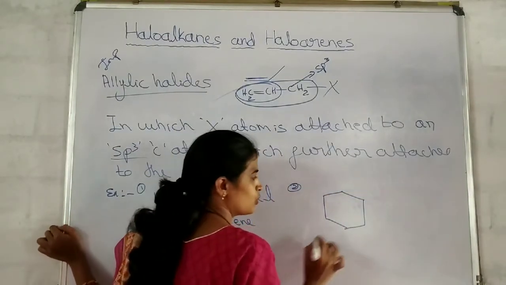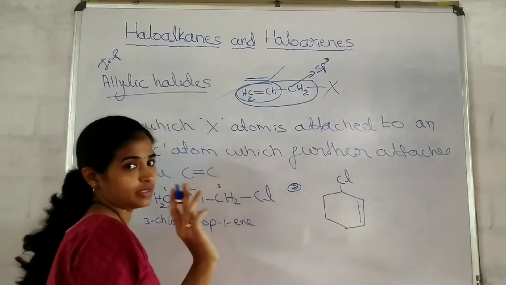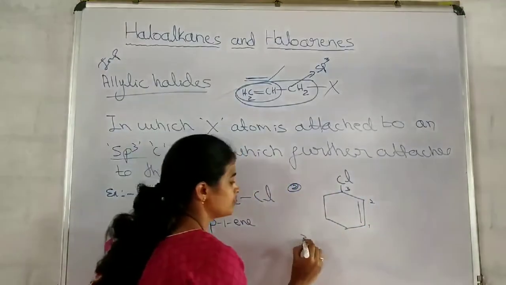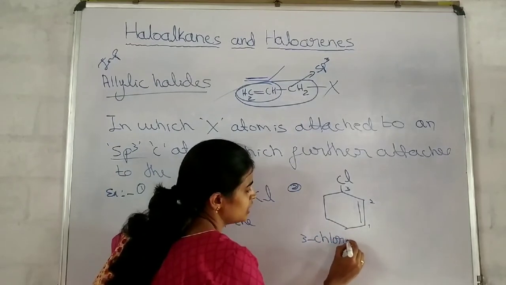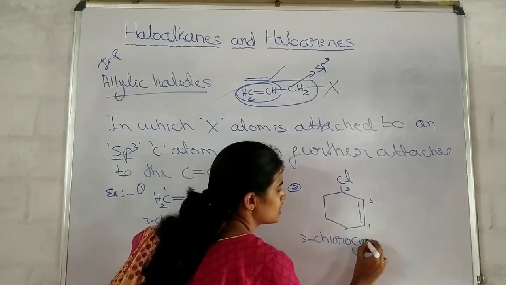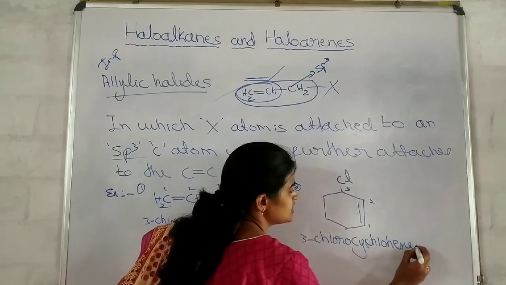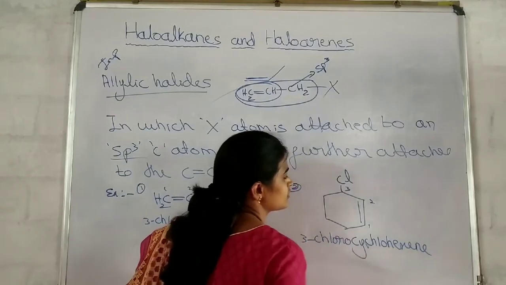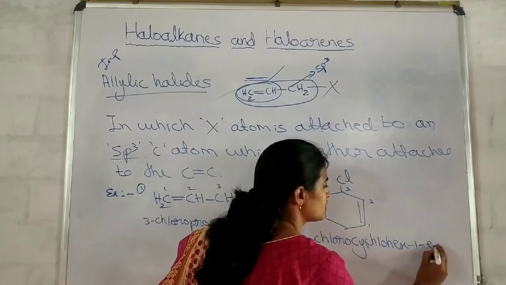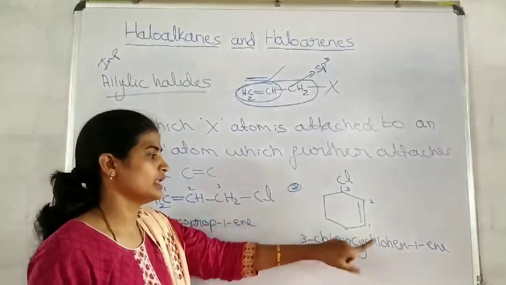Is it a benzene? No, it is not benzene. See, 1, 2, 3. Then the name of this one is 3-chlorocyclohexene. 3-chlorocyclohex-1-ene. Okay.